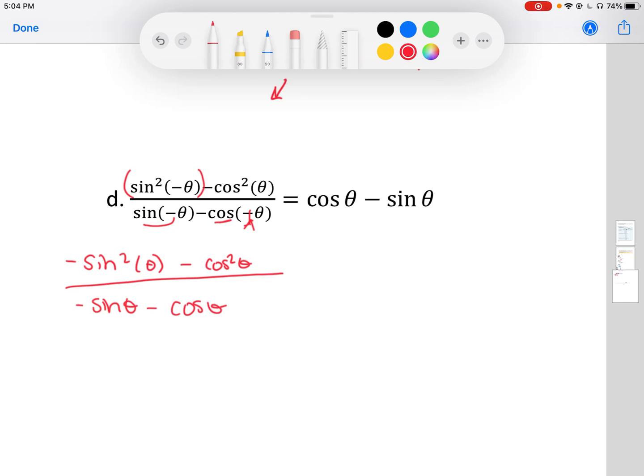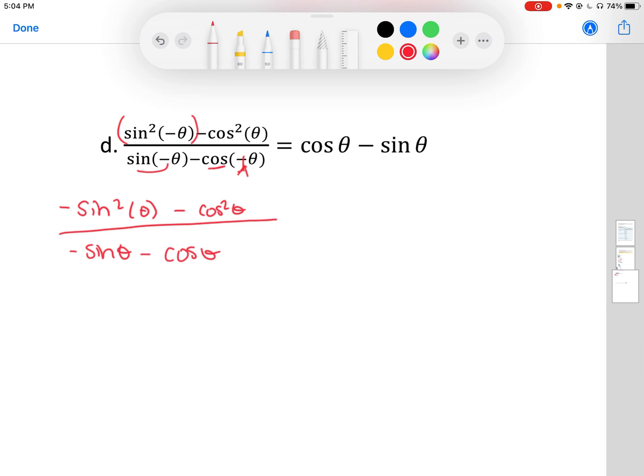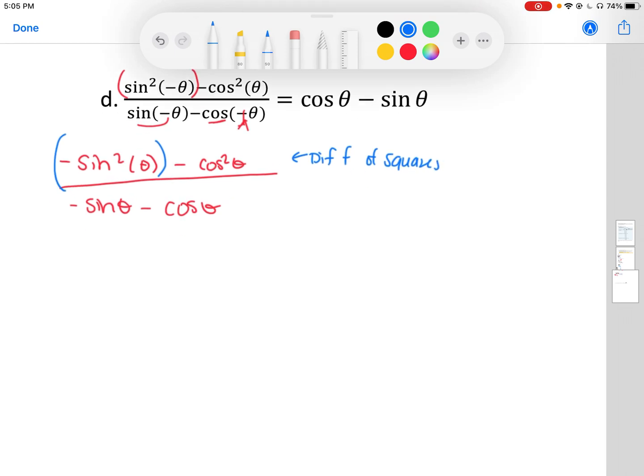All right. Now, I noticed that I have squares with subtraction. So if I think of this sign as holding on to that, I actually have a difference of squares. So this gives me sine theta minus cosine theta times sine theta plus cosine theta.